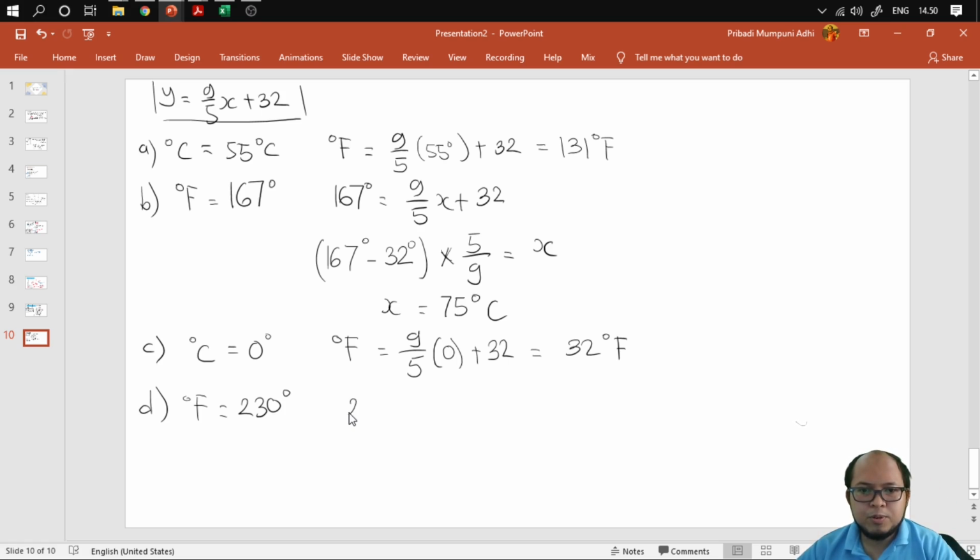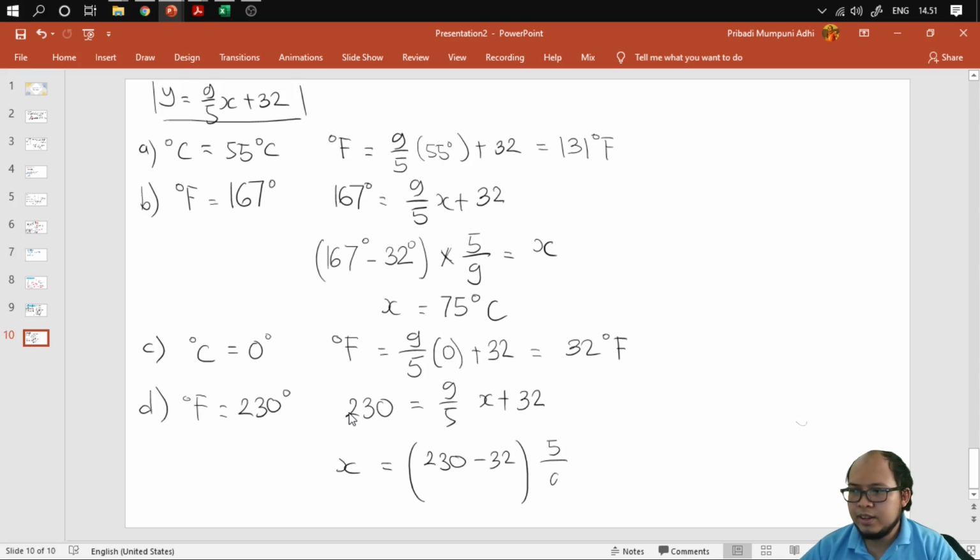So we will have 230 equal to 9/5 x plus 32. So x will be 230 minus 32 multiplied by 5/9, which will be 110 degrees C.